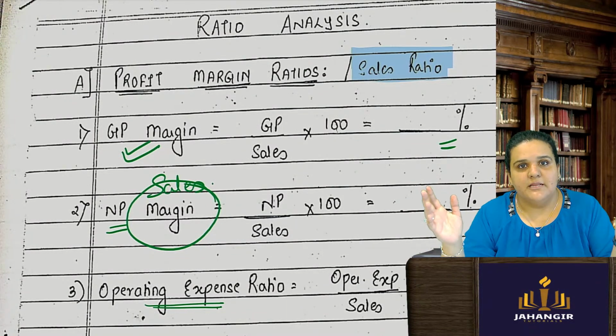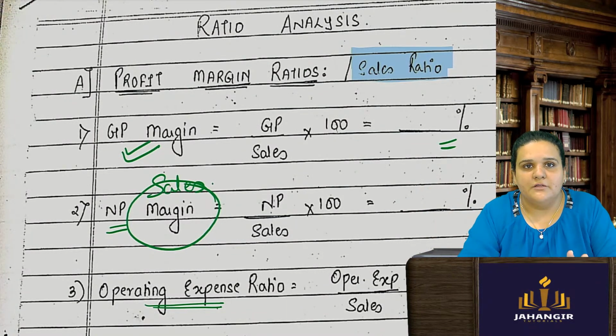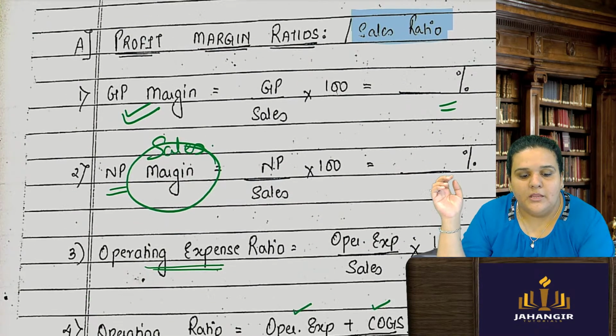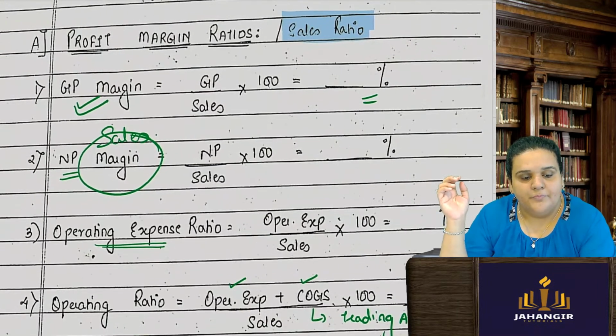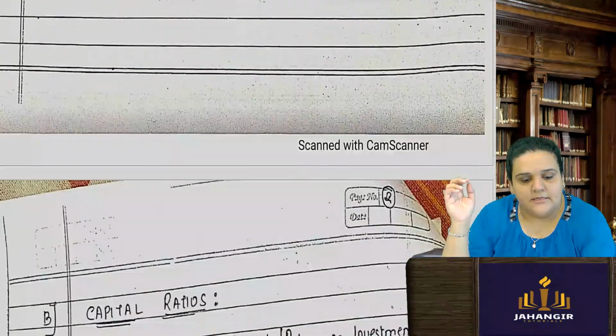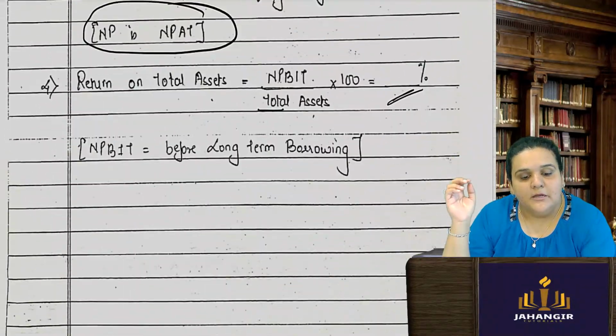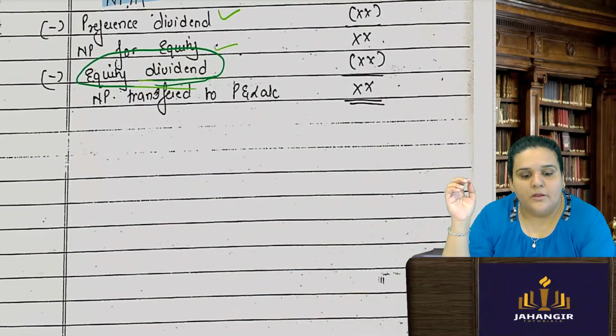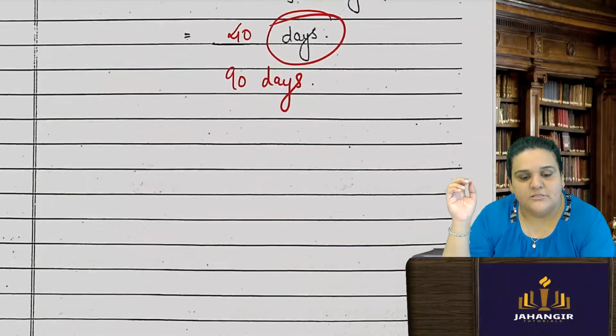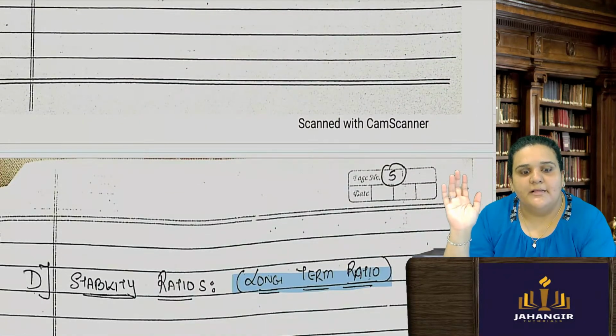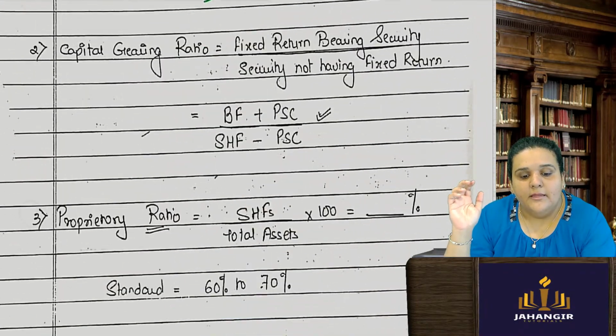There are many more sums like that to be solved, and you will be able to solve all the questions from any book which you are referring to. What you need to do is keep this particular sheet in front of you, revise these formulas, understand the concept behind the formulas, go to my practice questions, and with the help of my practice questions, you will be able to solve all the past exam questions.